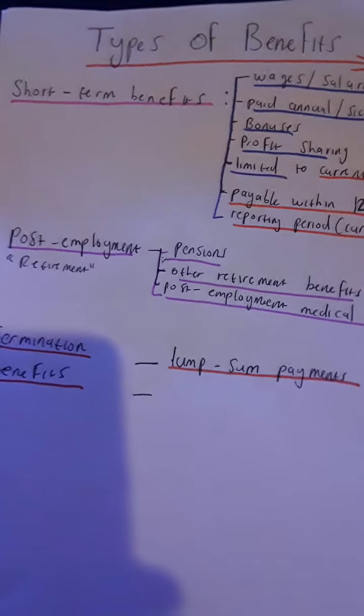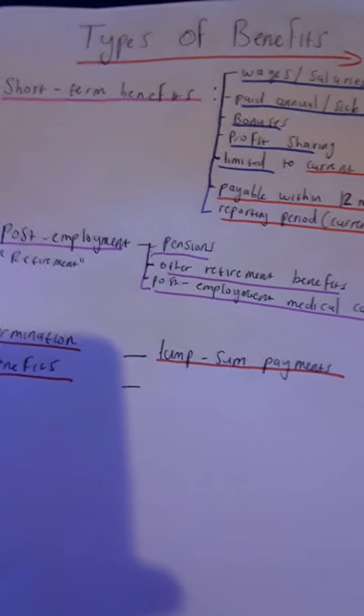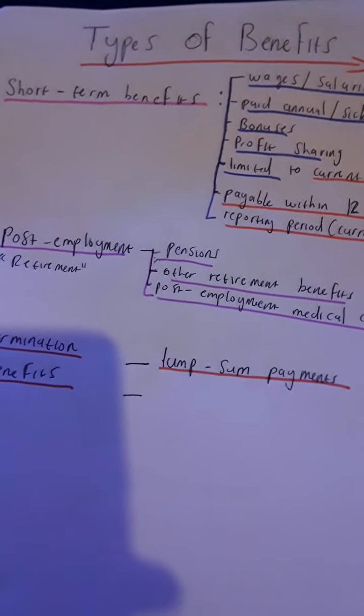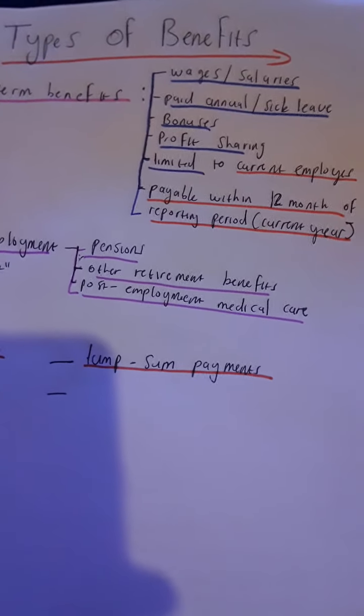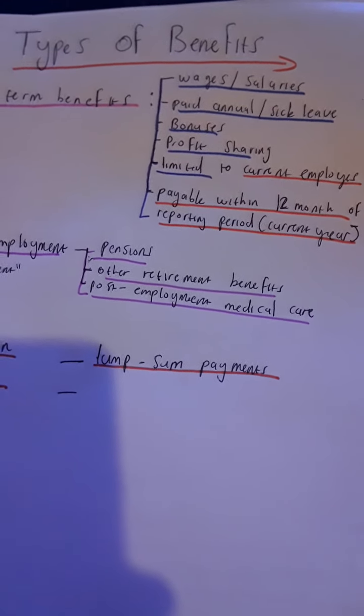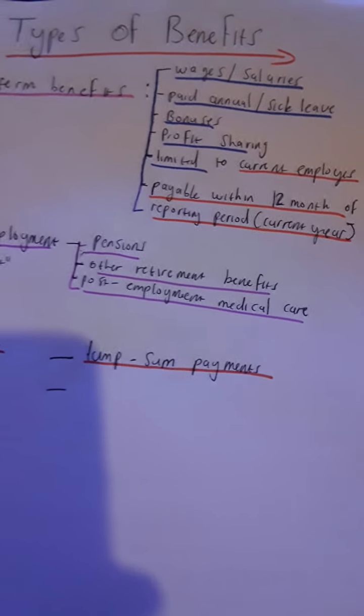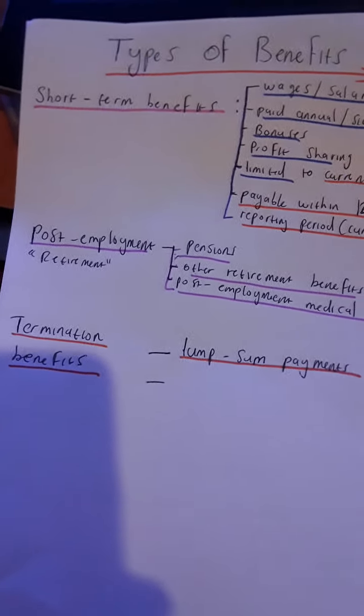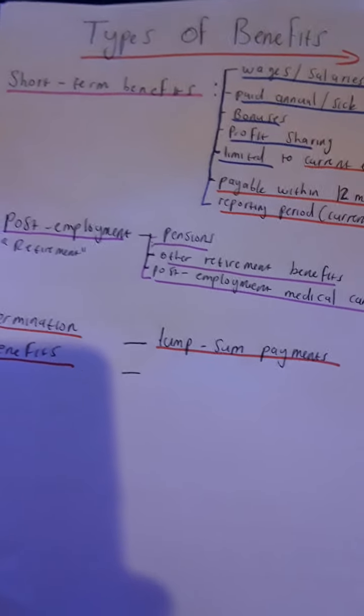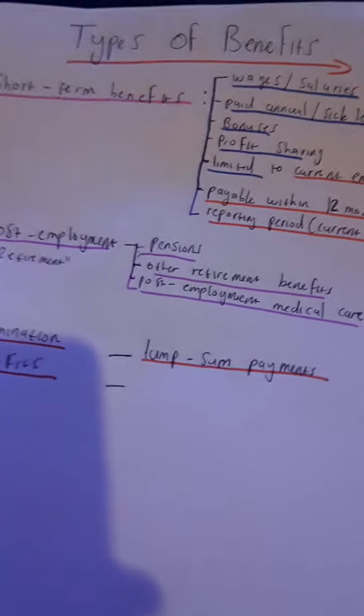Now we have post-employment benefits. These are your so-called retirement benefits. This is your pension or other retirement benefits, such as post-employment medical care. Some companies offer that. And lastly, we have your termination benefits, not to be confused with post-employment benefits.